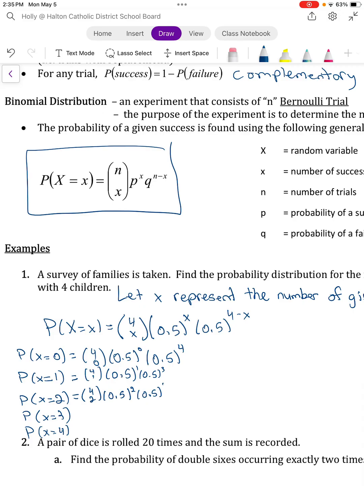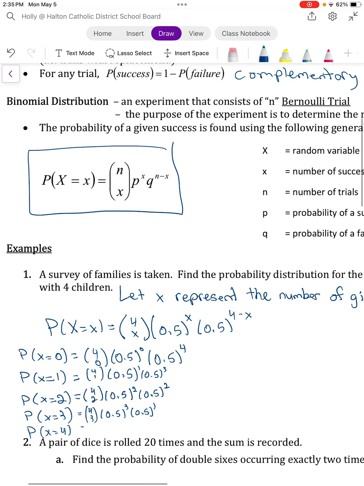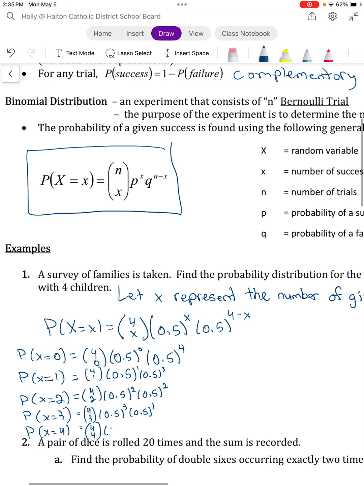So this would be 2 boys, 2 girls. And the last one, 4 choose 4, that would be the number of girls.